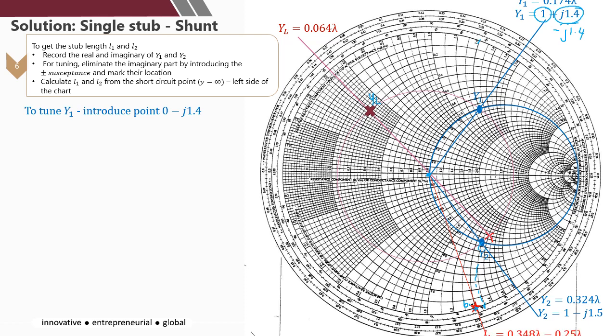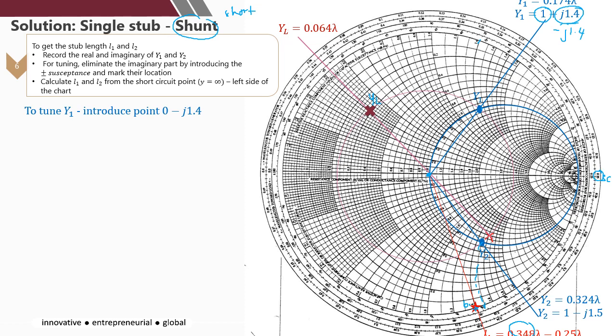Okay, 0.348. Okay, here is 0.348. And since this is the shunt stub and it is short circuit, here will be your short circuit position. It's 0.25. Look at the L value.